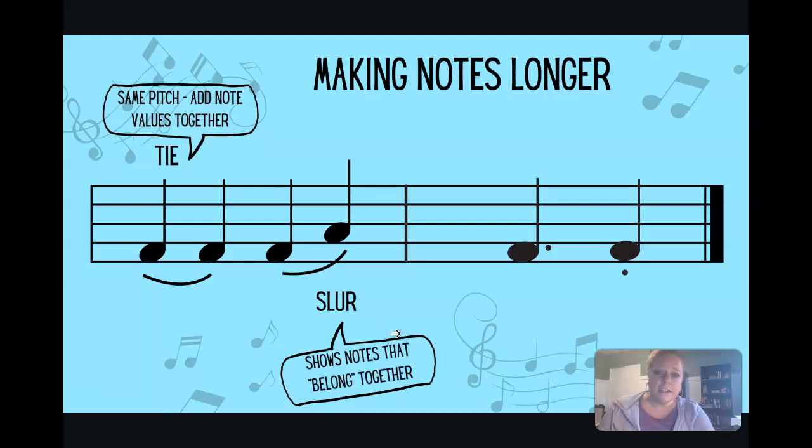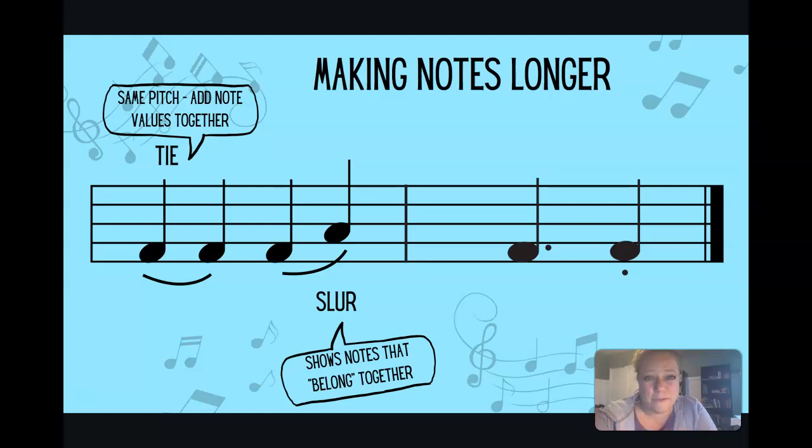But a slur is something in the music that shows that those notes belong together. And it depends on the instrument you're playing or what you're doing as to what that could possibly mean. If you see a set of slur lines in vocal music, it means that you are going to sing one syllable of a word on two different pitches.